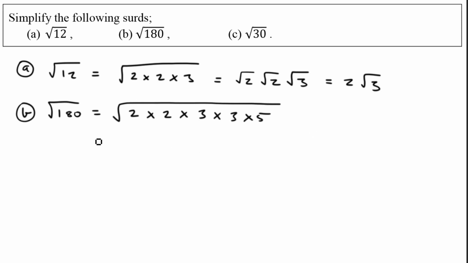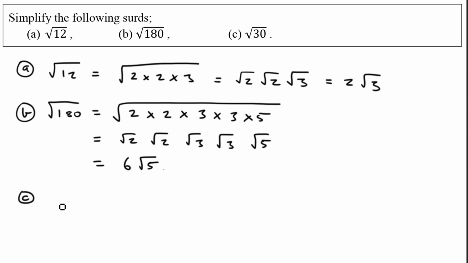We can now take the same idea and split this into root 2 times root 2 times root 3 times root 3 times root 5. But again, root 2 times root 2 is 2, root 3 times root 3 is 3, 2 times 3 is 6, so we have 6 root 5 as a simpler way of writing root 180.